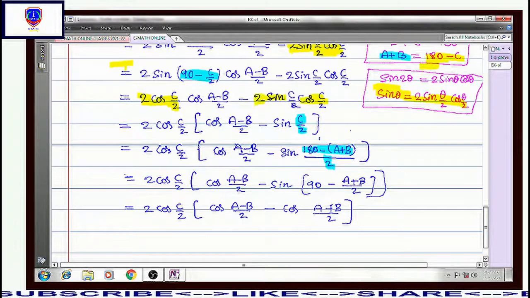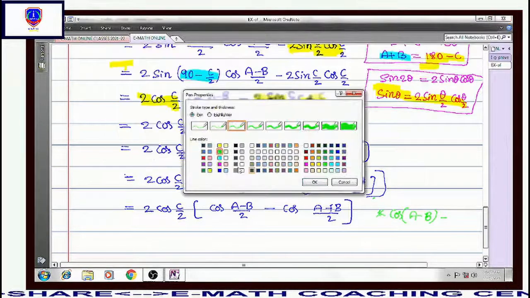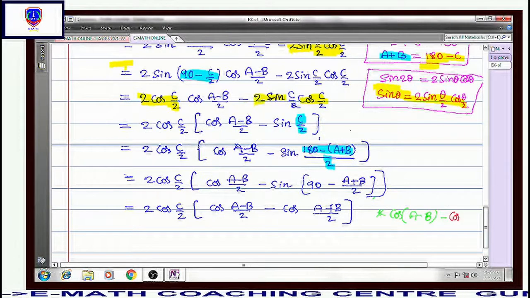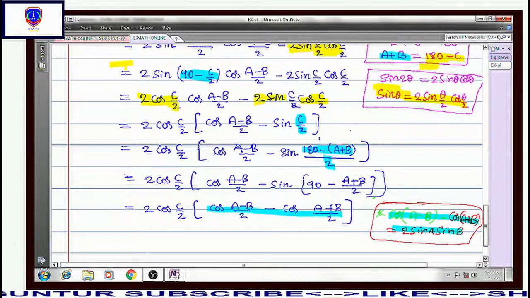I am mentioning the formula here: cos of (A minus B) minus cos of (A plus B) means 2 sin A sin B. This is the formula we are going to use here.